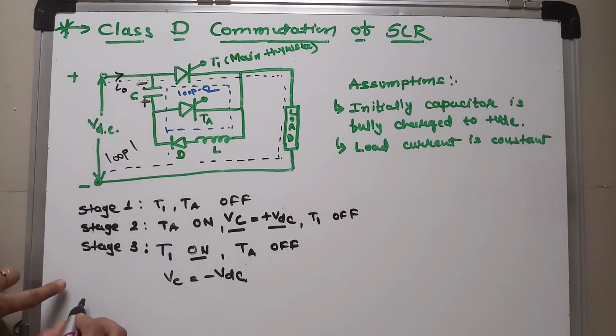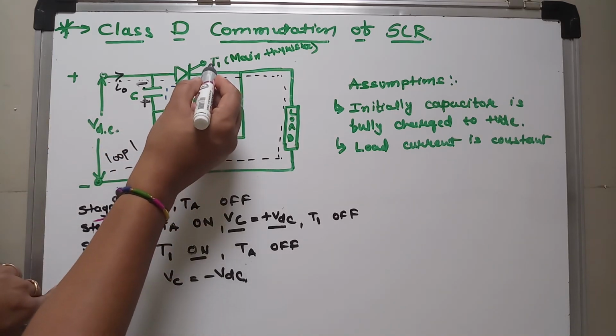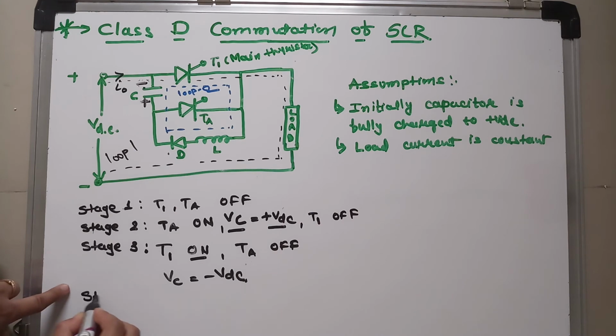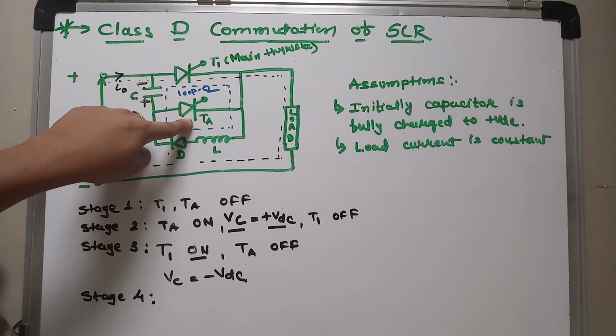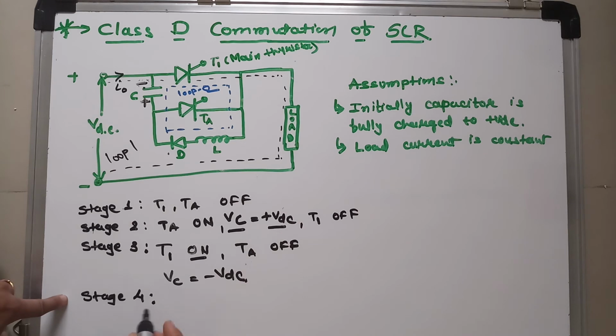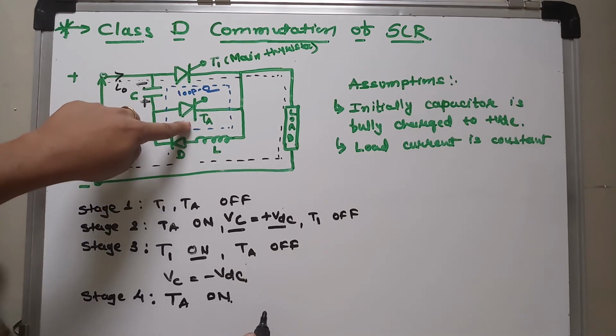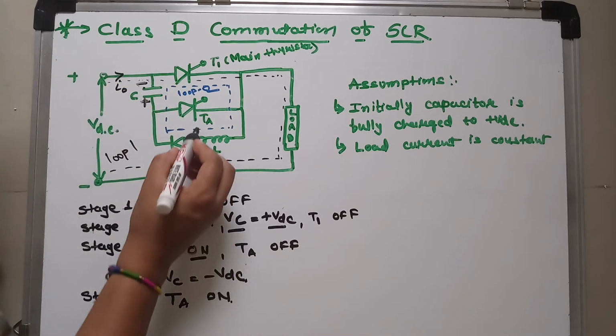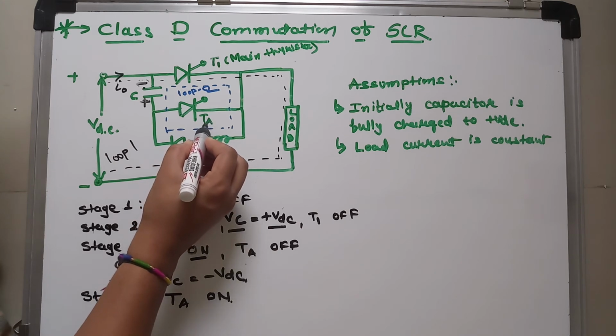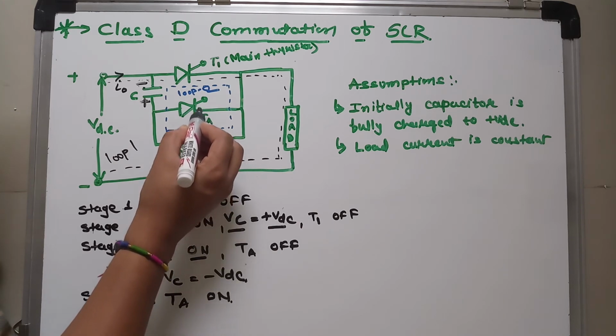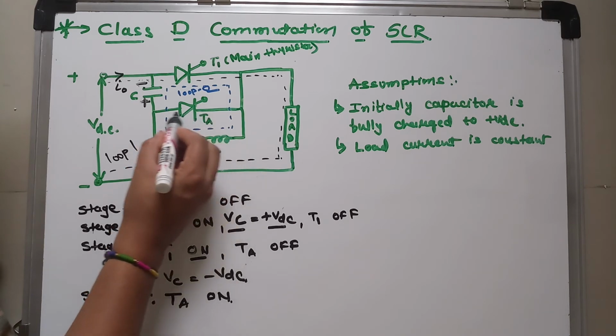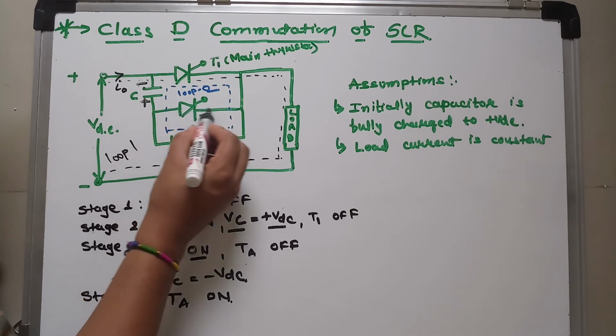Now if you want to turn off the thyristor T1, then you have to turn on the auxiliary thyristor TA by applying a gate pulse. So in stage number 4, TA is turned on by applying a gate pulse. When you turn on the auxiliary thyristor, it acts as a short circuit.